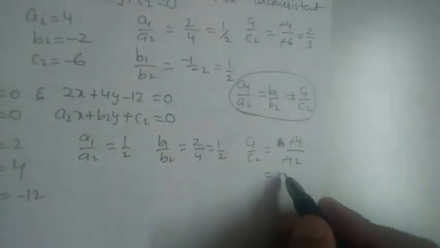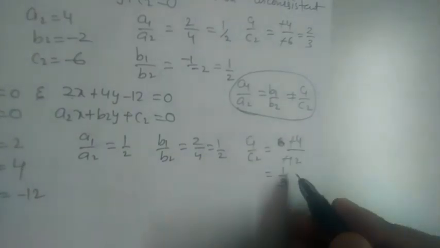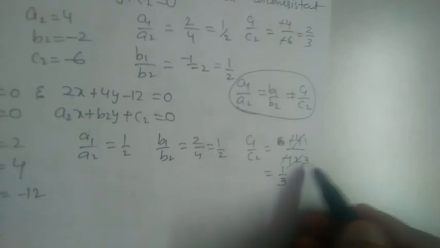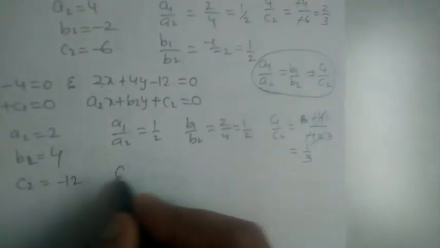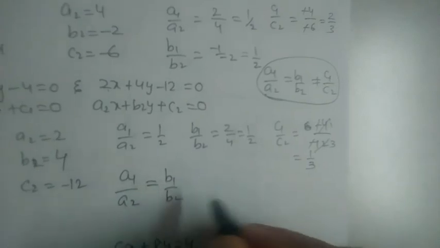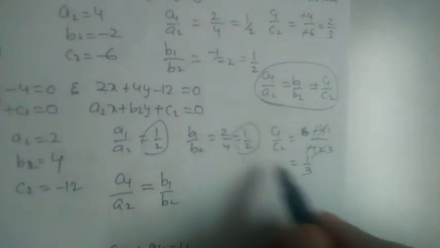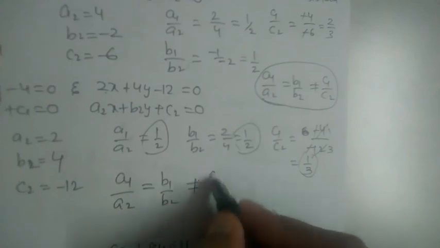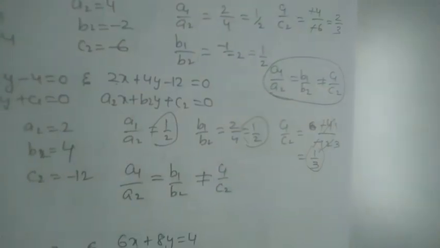So minus minus will get cancelled. This is 1 by 3. 4 ones are 4, 4 threes are 12. Now in this case also we have a1 divided by a2 is equal to b1 by b2, because this is half, and this is 1 by 3, not equal to c1 by c2.